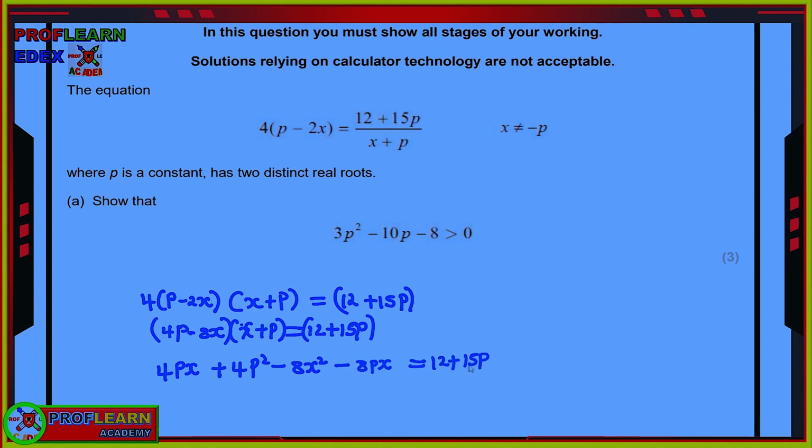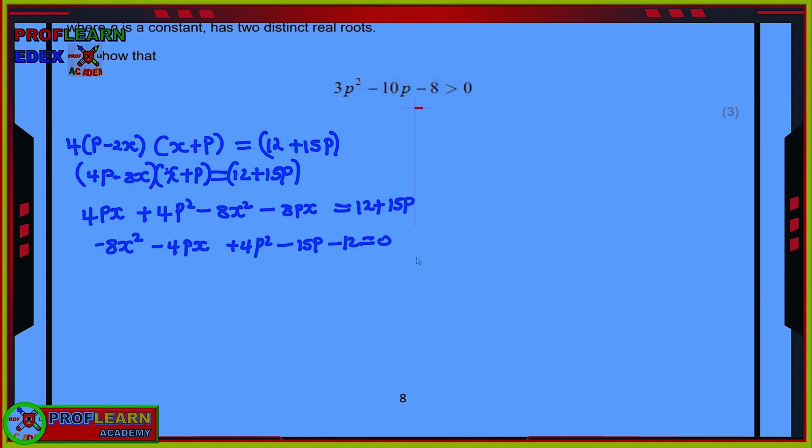So putting the like terms together here, we are going to have a quadratic equation of this form. Now our a is 8, our b is 4p, and our c is negative 4p squared minus 15p minus 12, so that we can work out the discriminant.